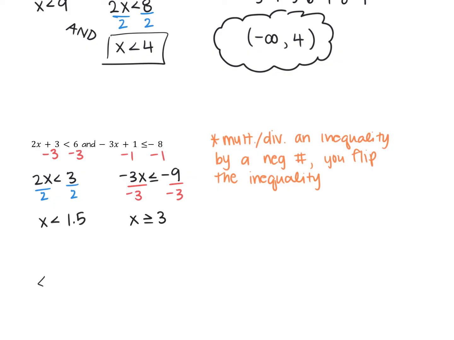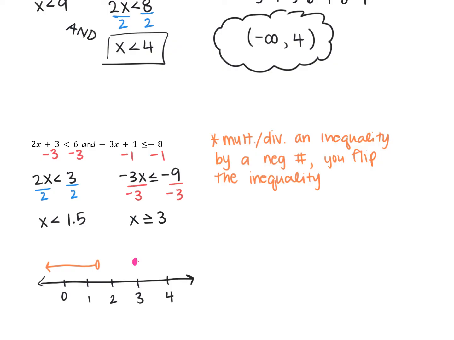So now I'm going to go to my number line. I'm going to start at 0. I'm going to go up to 4. For my first solution, I want everything less than 1.5. So open circle at 1.5, everything to the left. Then I want everything greater than or equal to 3.